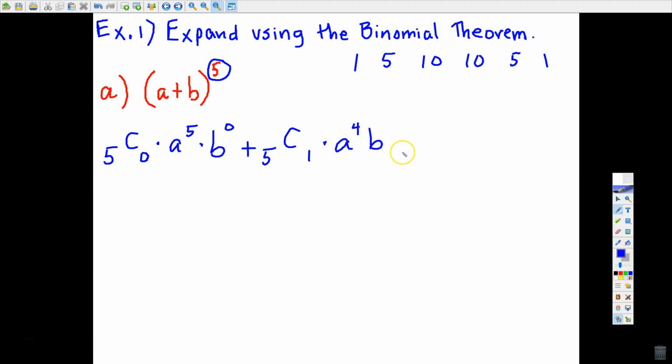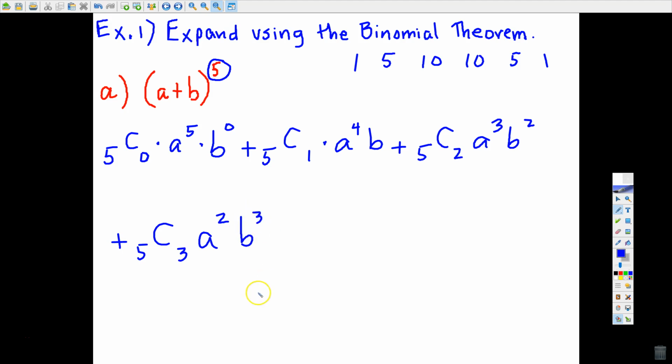So the next one, I would calculate 5C2. A to the third, b to the second. The next one, you would calculate 5C3. A to the second, b to the third.